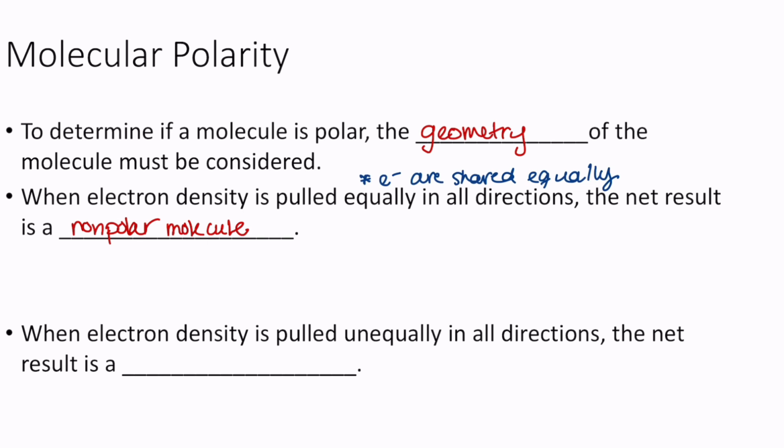When electron density is pulled unequally in all directions, another way of saying that, electrons are not shared equally, then the result is a polar molecule.